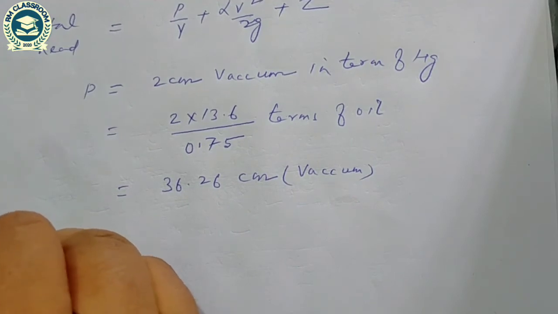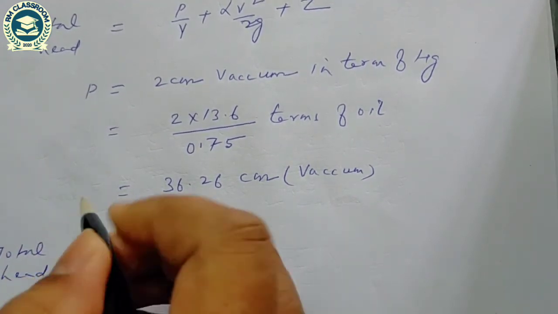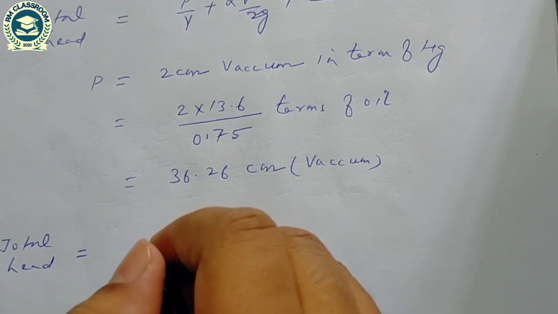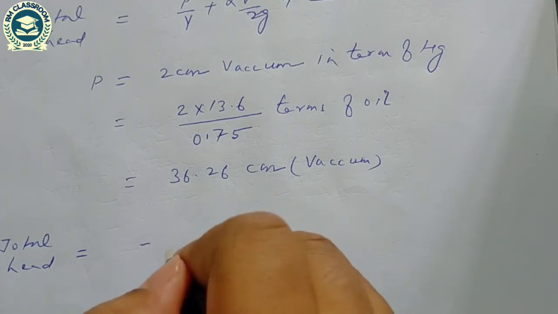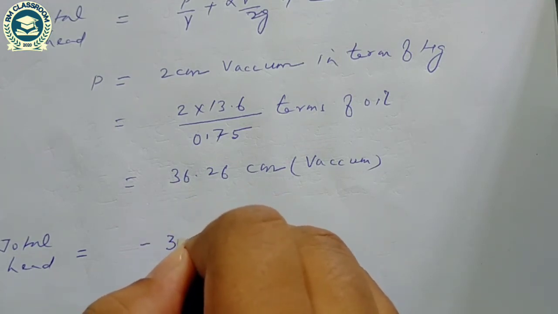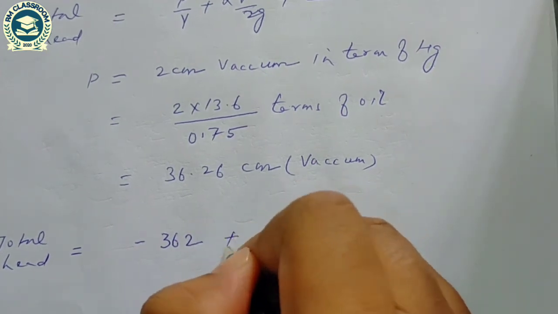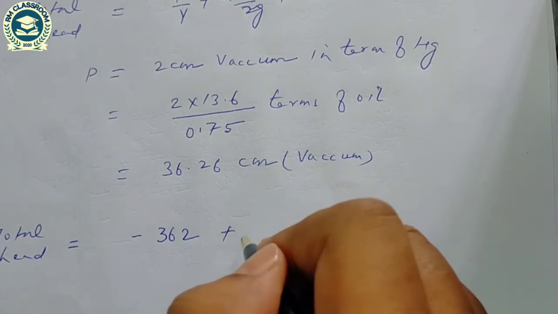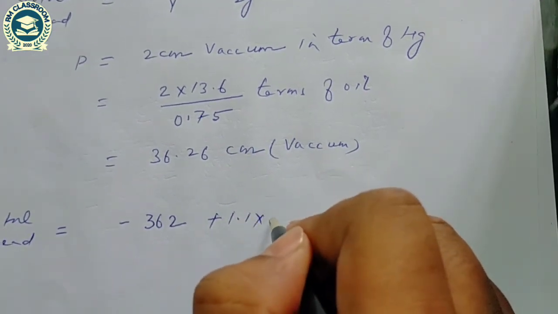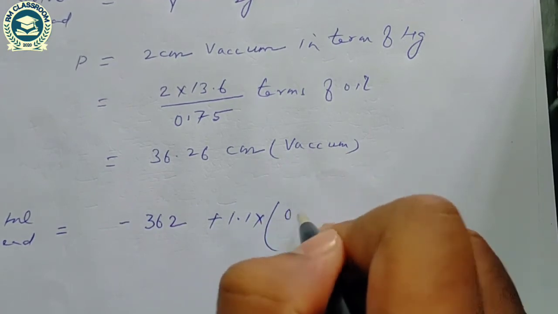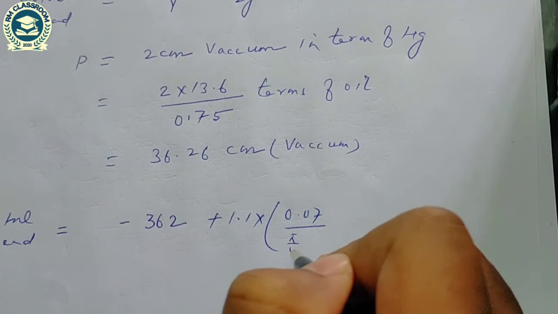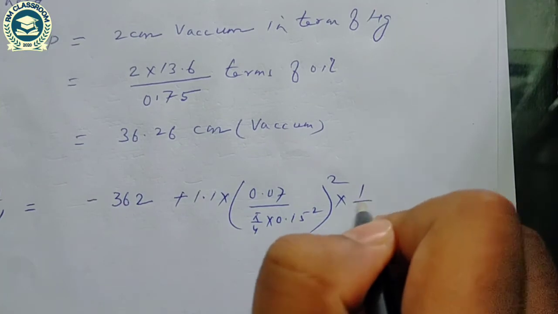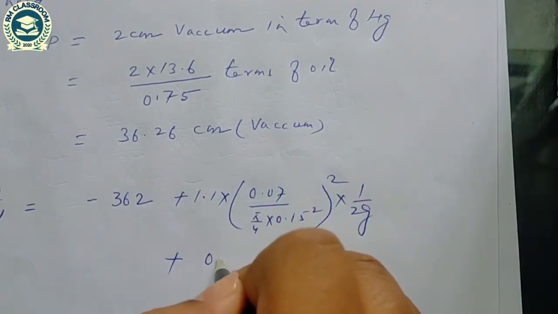So total head is equal to, pressure is vacuum means minus 0.3626, plus alpha is 1.1 times velocity, we can write Q by A. So 0.07 divided by pi by 4 into 0.15 whole square, into 1 by 2g, plus Z is 0.62.